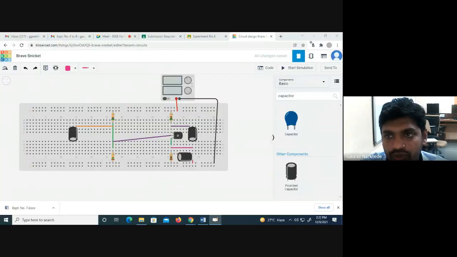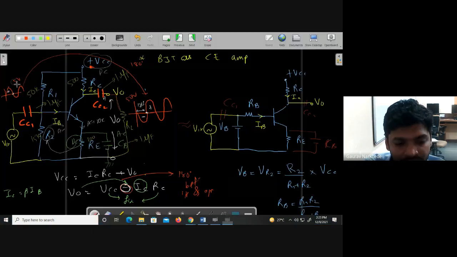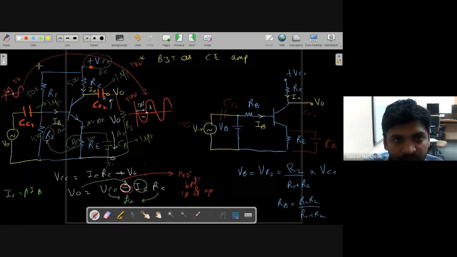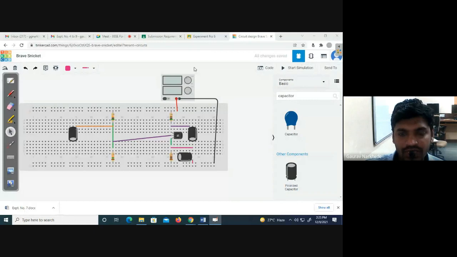So let me go back here. RL we can take, let us say, 10 kilo ohms. So let me take the value of RL as 10 kilo ohms. So we have to add one more resistor.